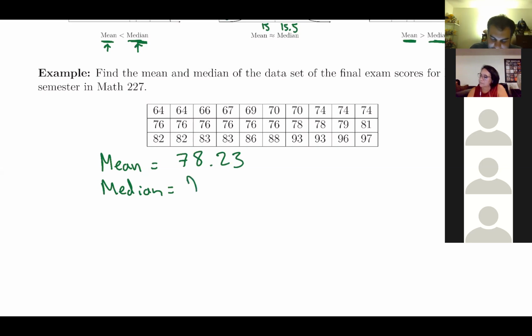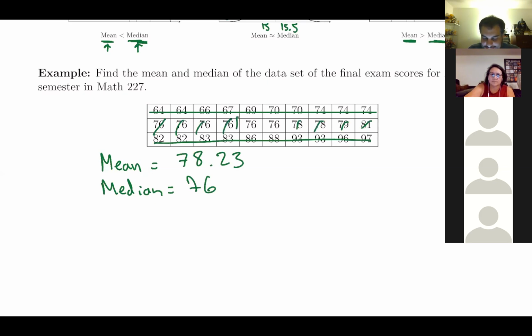Perfect. Also, if you look at this and understand what the median is, the median should be the middle. So you go like this and this row, and they cancel each other out. So you can start crossing, crossing, crossing, and you get those two numbers in the median.